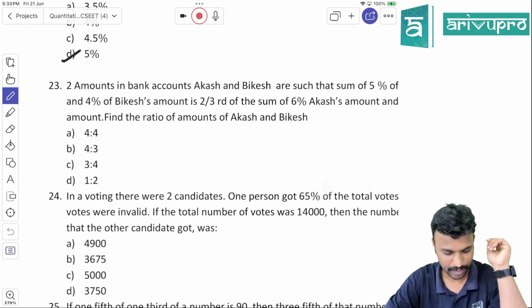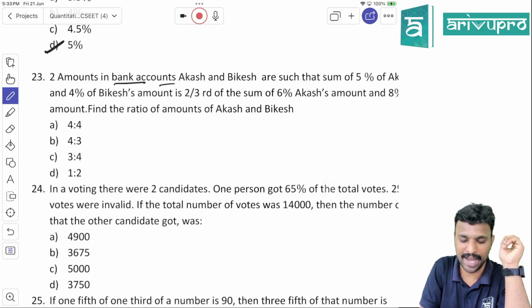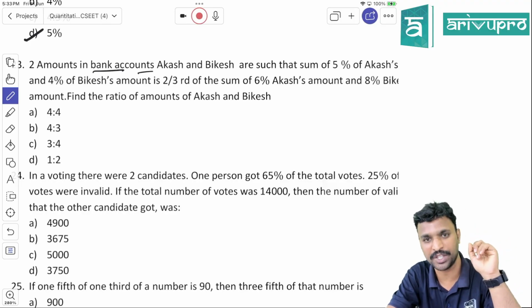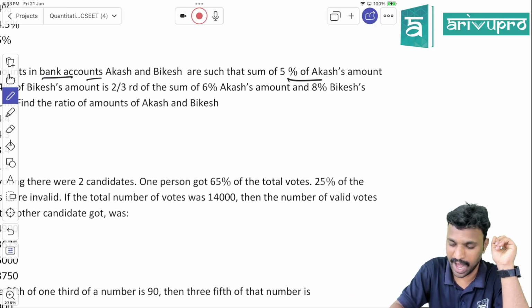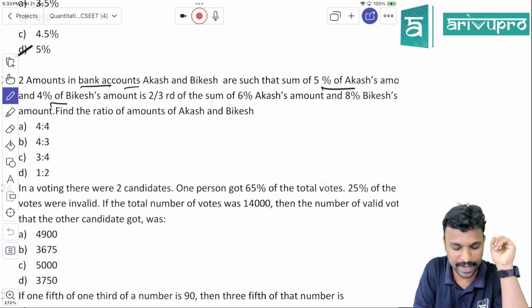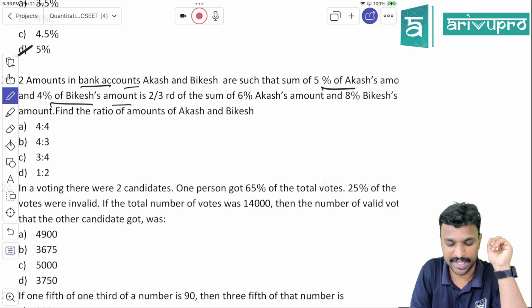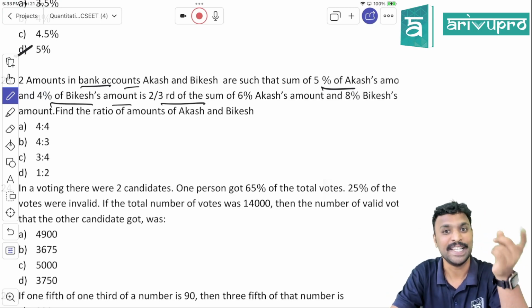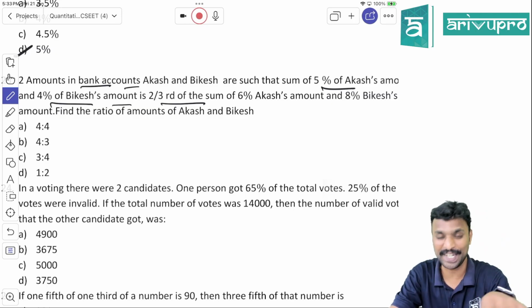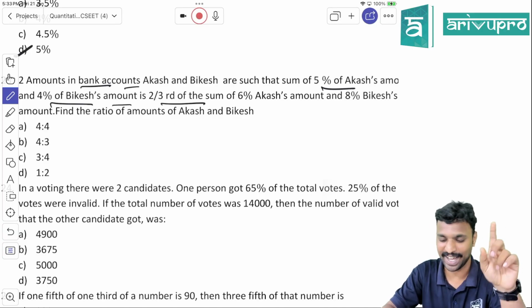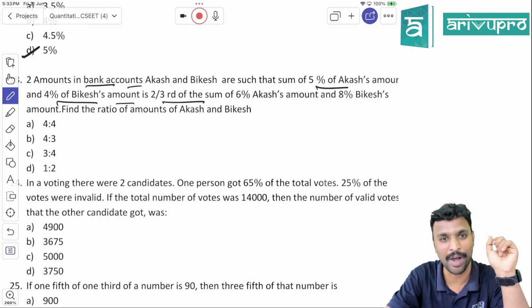Two amounts in bank accounts, Akash and Bikesh, are such that 5% of Akash's amount and 4% of Bikesh's amount is 2/3 of the sum of 6% of Akash's amount and 8% of Bikesh's amount.